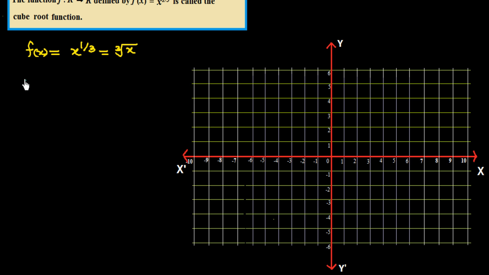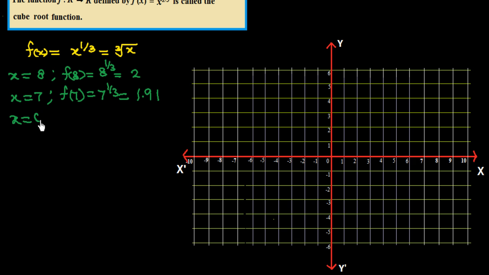So we put here x is equal to 8, and we see what happens. f of 8 is 8 to the power 1/3, which is equal to 2. If we take x is equal to 7, then f of 7 is the cube root of 7, which comes around 1.91.